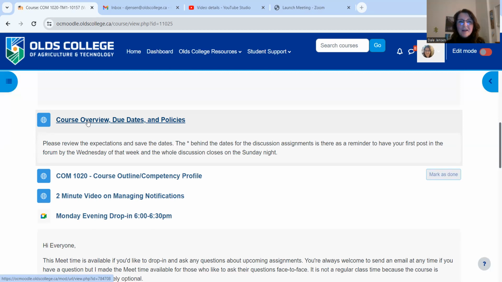So let's have a look at our overall course. It looks like this. These are the pieces that Olds College has determined everybody that takes COM 1020 needs to practice, and so that's what we will do. We have, like I said, just over 8 weeks.